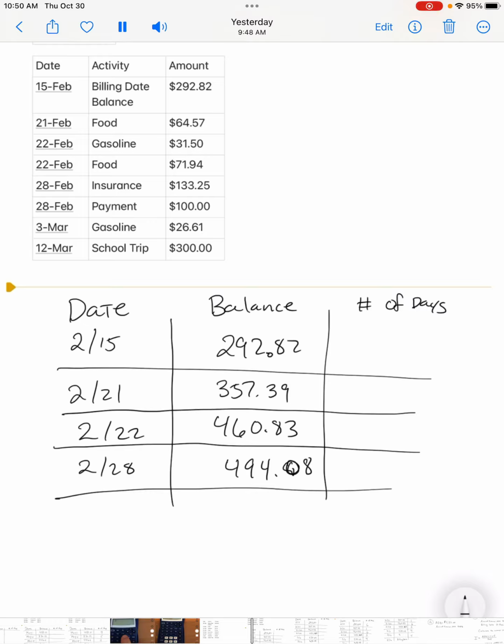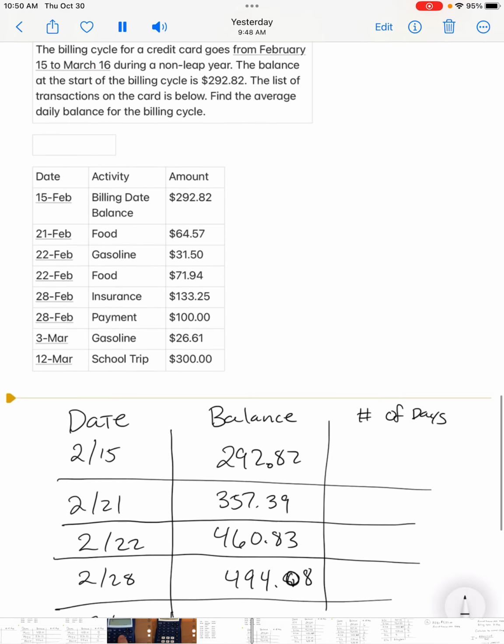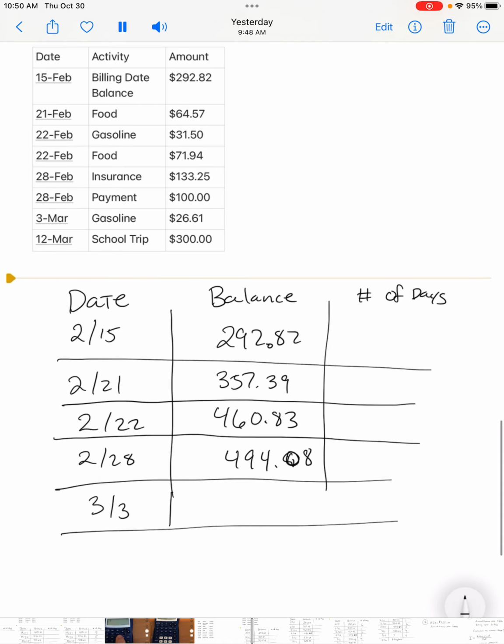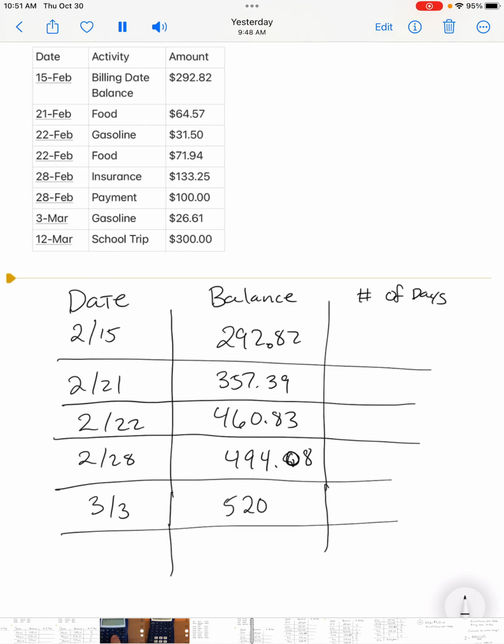Okay, awesome. And then March 3rd. On March 3rd, okay, it's a non-leap year, right? So there's only 28 days in February. I scrolled up to see if they had said that. I purchased gasoline, so I'm up another $26. So now I'm up to $520.69.